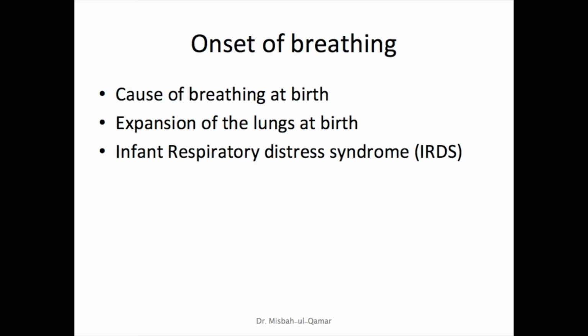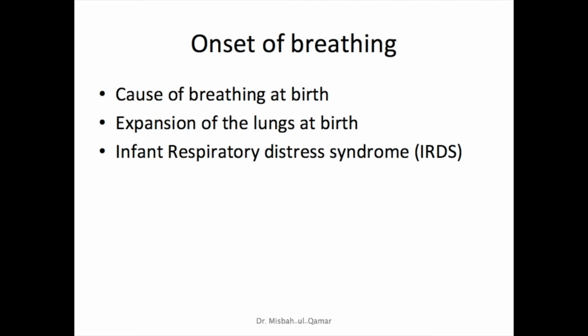This high resistance increases the pressure in the blood vessels of the lungs, and because of the high pressure the blood is diverted from the pulmonary artery into the aorta via a ductus arteriosus. You might be hearing about these structures for the first time because they are present only in the fetus. Normally, these are not present: the ductus arteriosus, ductus venosus, and then the foramen ovale.